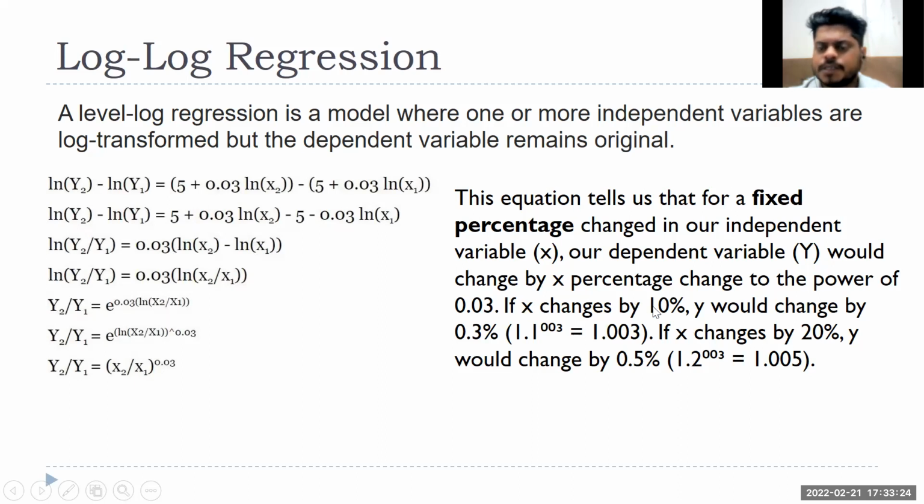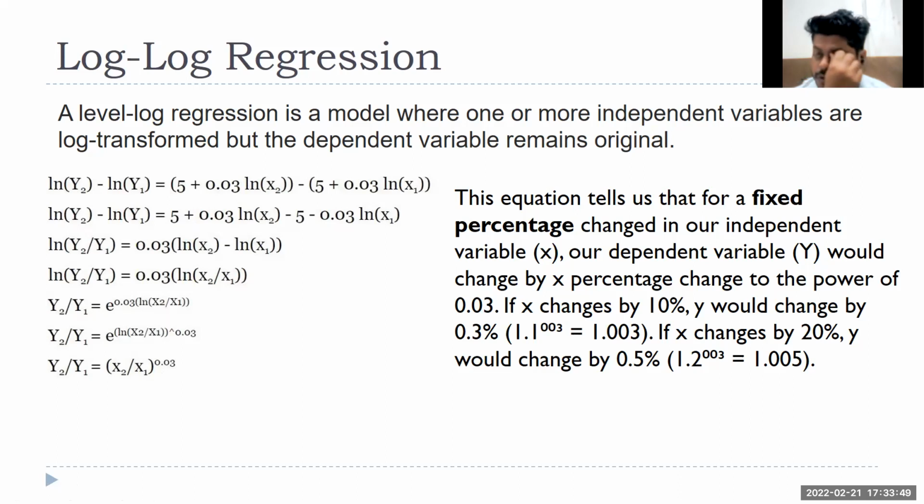So if your x changes by 10%, your y is actually changing by 0.3%, almost equal to what we saw in the previous slide. If your x changes by 20%, y is changing by 1.2 to the power 0.03, that is 1.005, that is basically 0.5%. So the point is, whenever you are making a transformation, right?